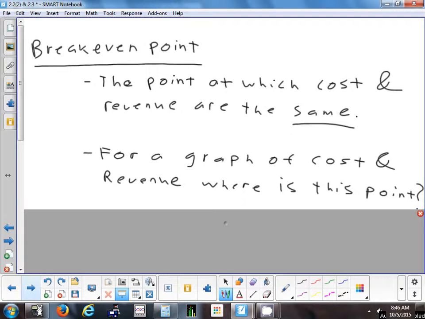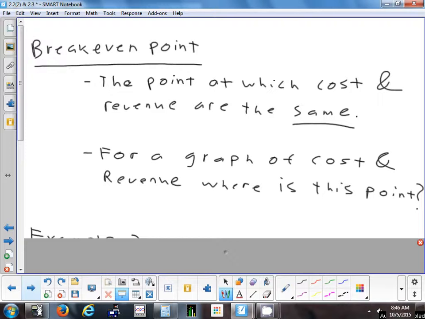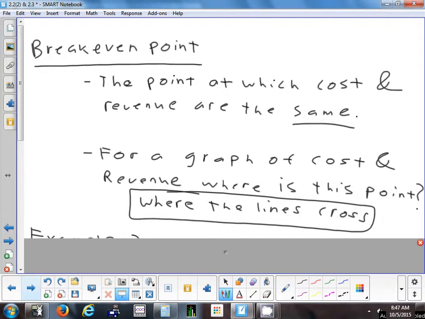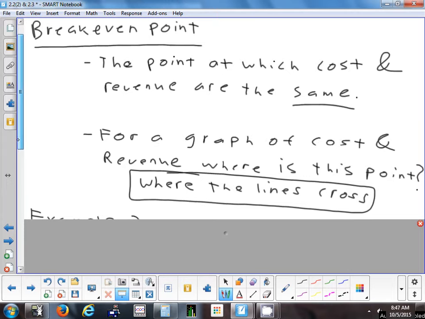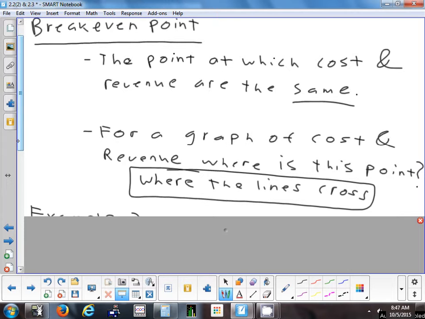Now, if you were to graph your cost and your revenue, and you want to know where they're the same, where would that point be when you draw the two lines? Yeah, it'd be where they cross. So graphically, you're looking for where two lines cross each other. Any question on that idea, break-even point?